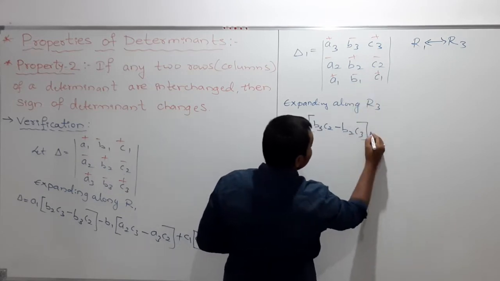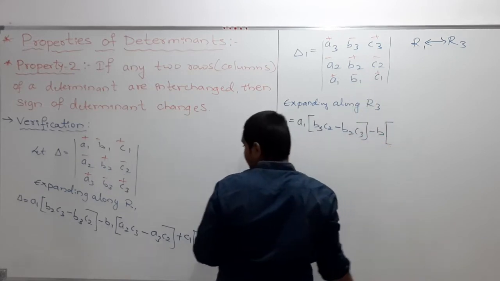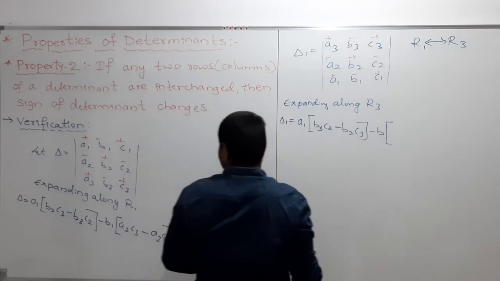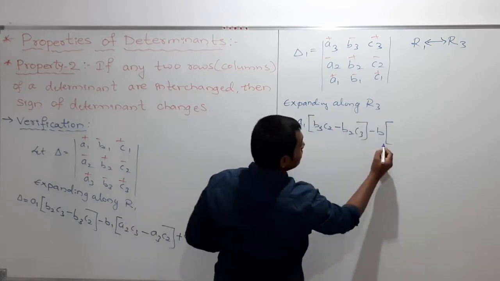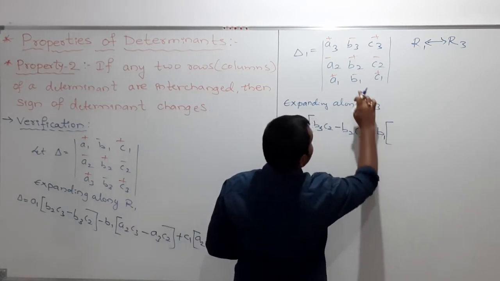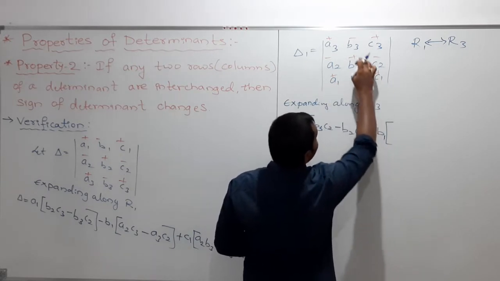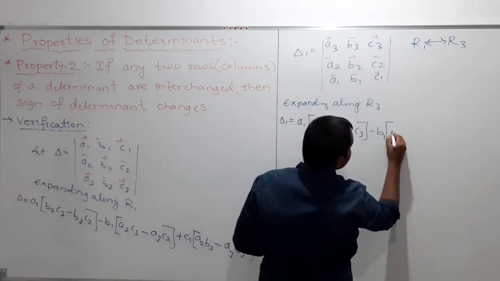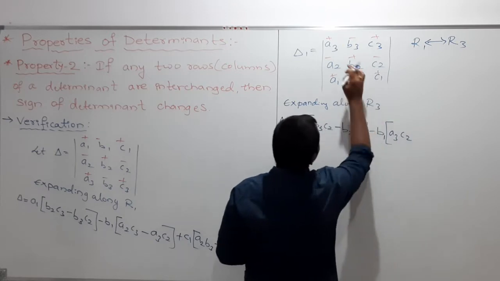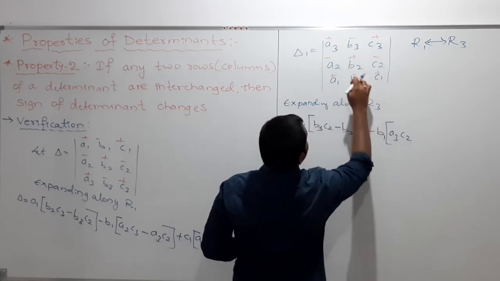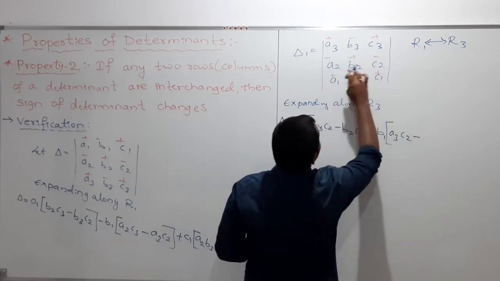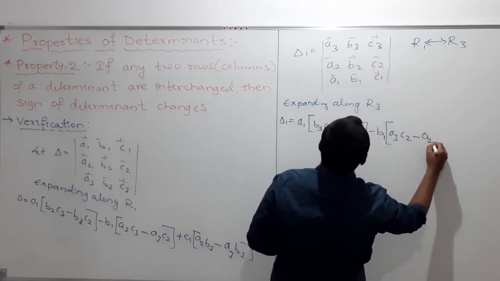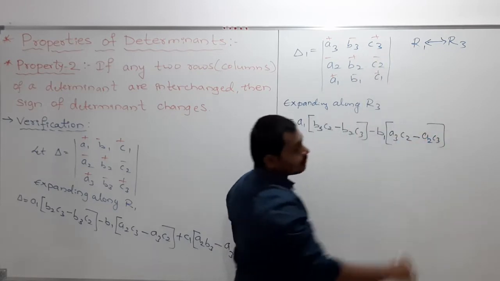Next, my dear students, minus b1, again leave this row and this column. So a3 into c2 minus of a2 into c3.